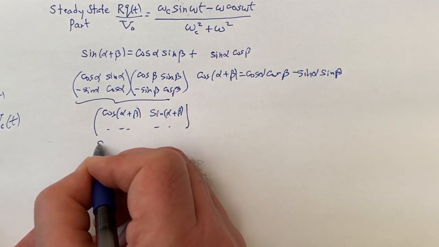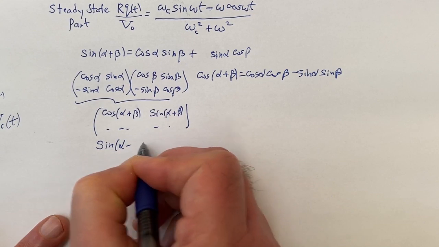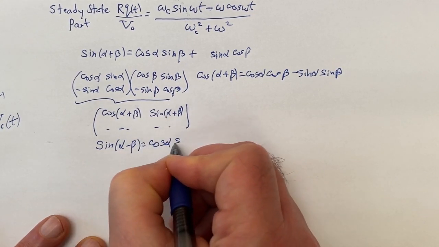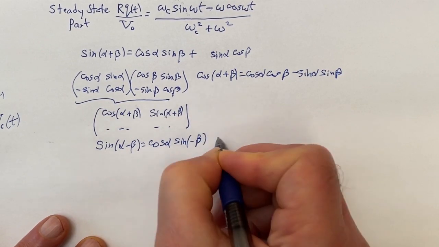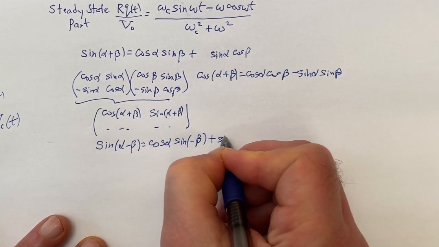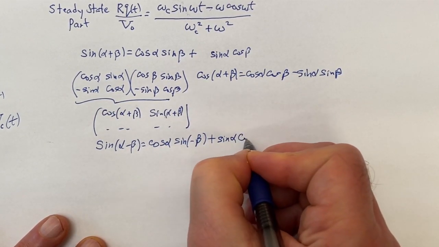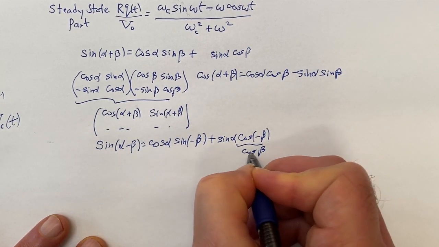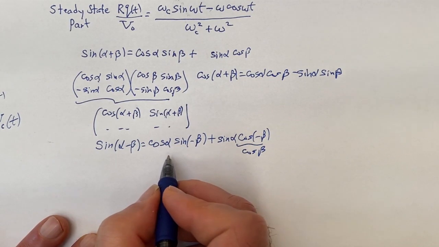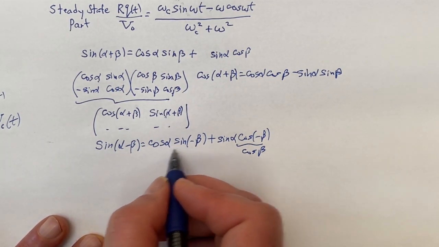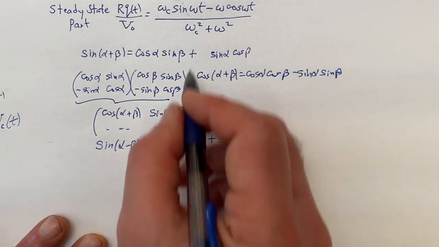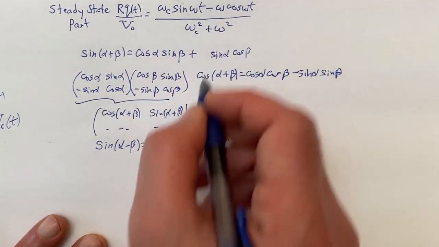So let's go ahead and do that. If we have the sine of alpha minus beta, we would have the cosine of alpha, the sine of minus beta, plus the sine of alpha and the cosine of minus beta. Now this would still be the cosine of beta. And so now with this minus sign coming into play, I'm going to identify these with these angles after I see that minus sign.